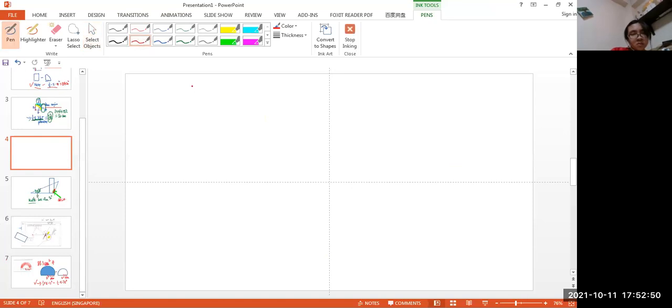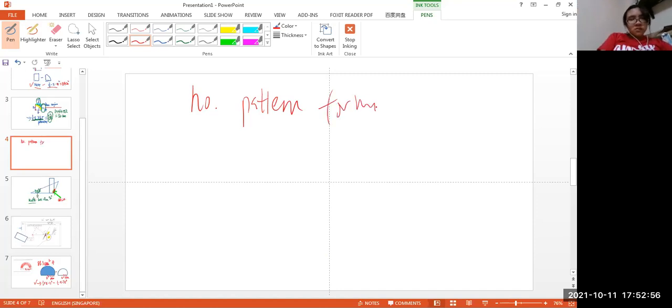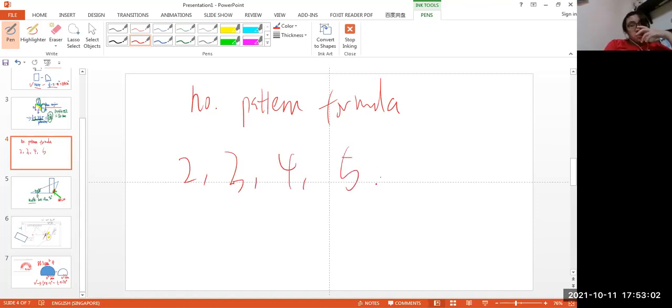What is the number pattern formula? First number. Hold on. Yeah, what's the number pattern formula? First number? Minus. Wrong. If you can't remember the formula, you are not going to get it correct tomorrow.